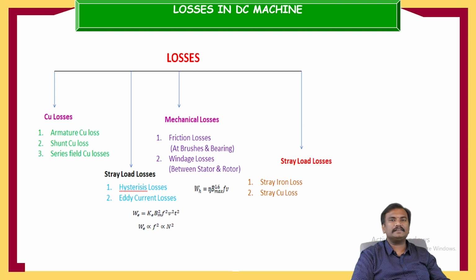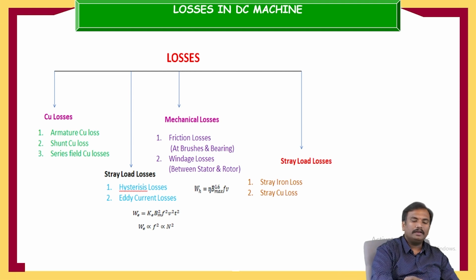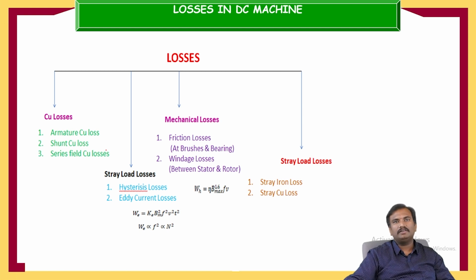These electrical losses depend on the resistance of the conductors which we have used for creating the winding. Based on that, we have armature copper loss and field copper loss, shunt field copper loss and series field copper loss.